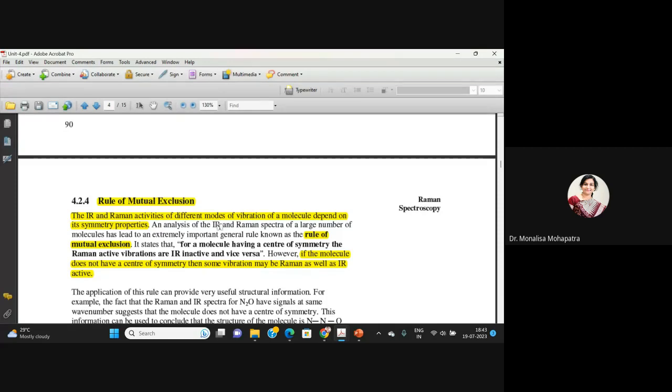So it is correlated to that. I can't go into teaching inorganic here, but the thing is, it depends on the symmetry properties.